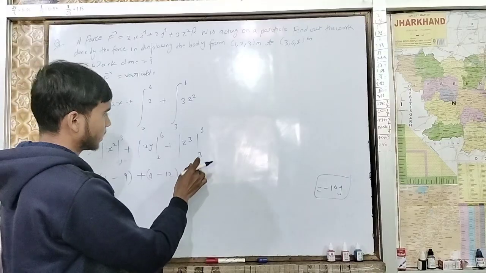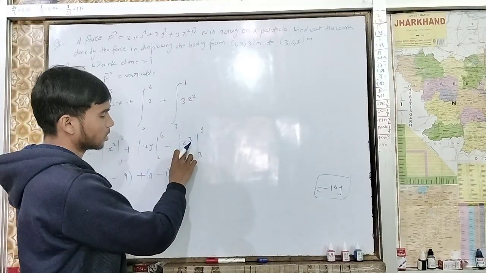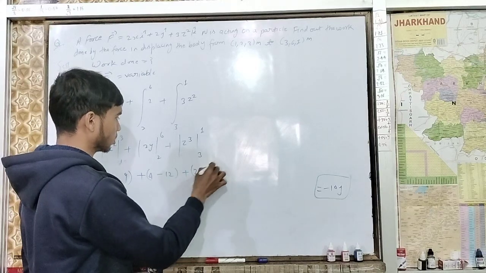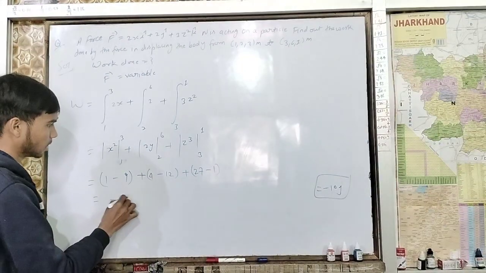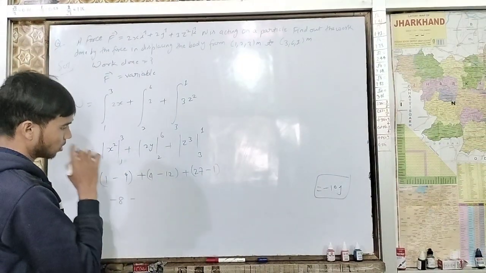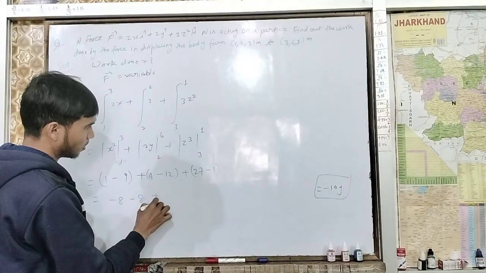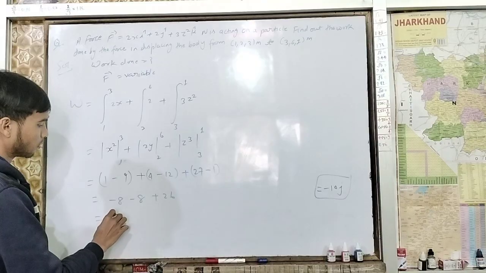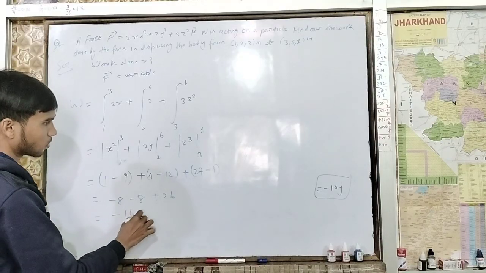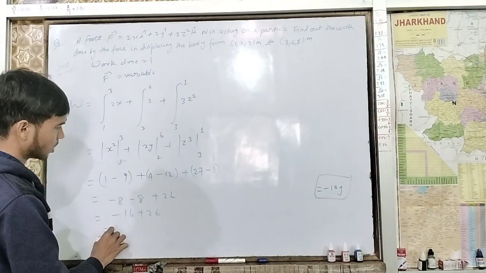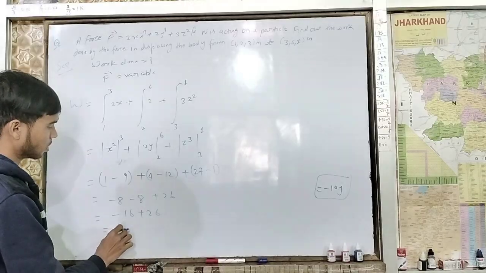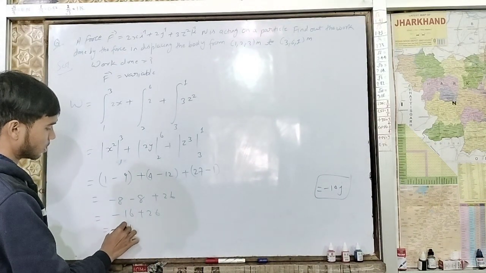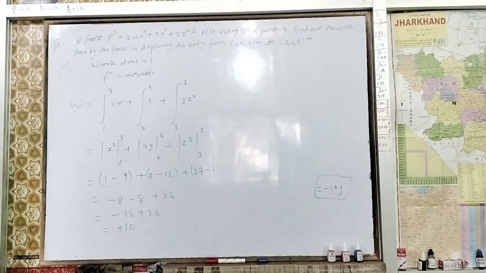Plus 3 cubed is 27, minus 1. Now let's see: minus 8 plus 26 minus 16 plus 26. The answer is plus 10.